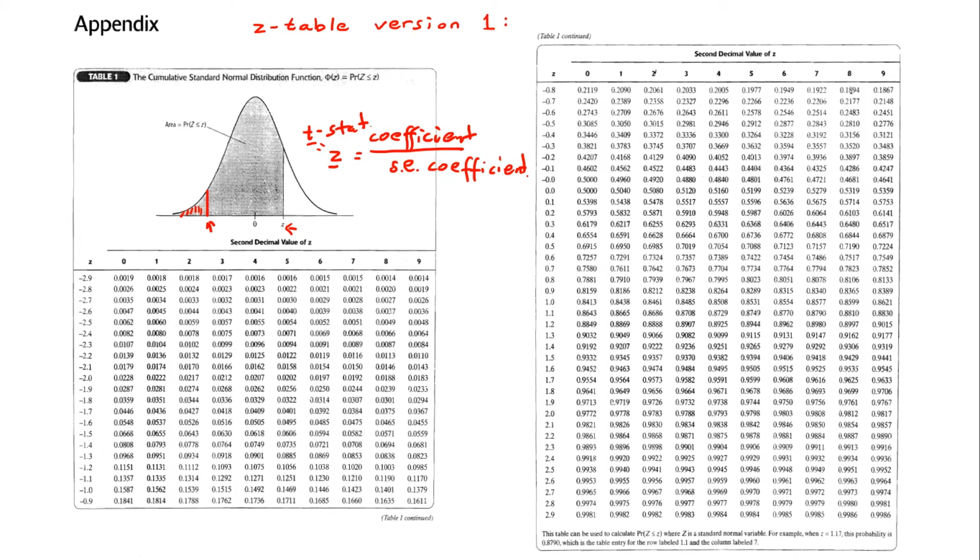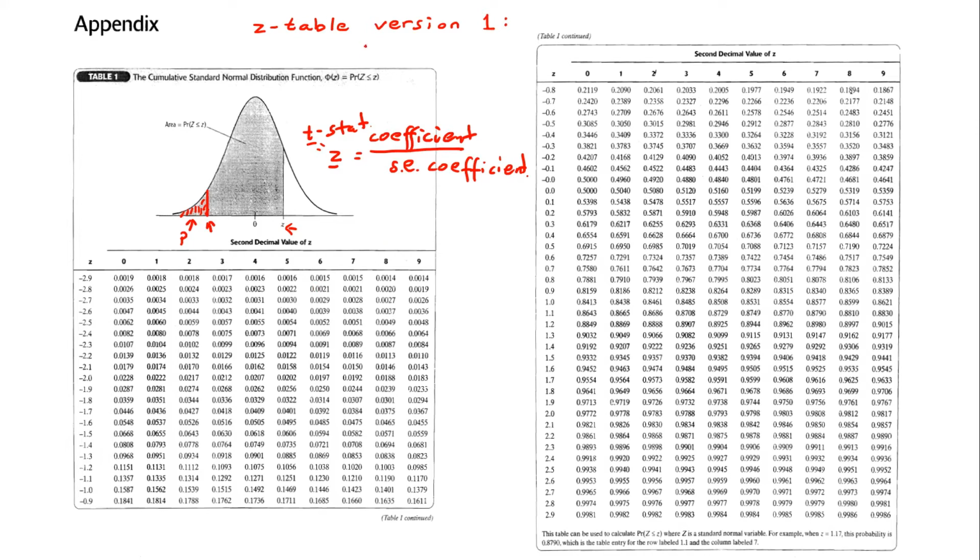But before we get into the hypothesis testing of it, we can just get the probability of this tail and how to use the z-table.